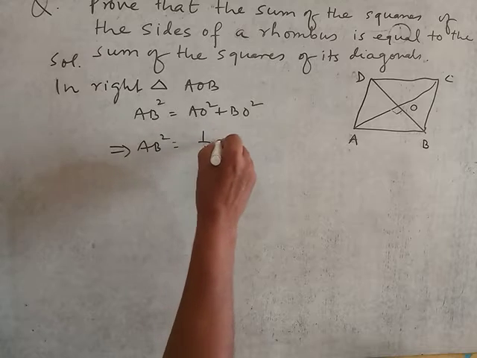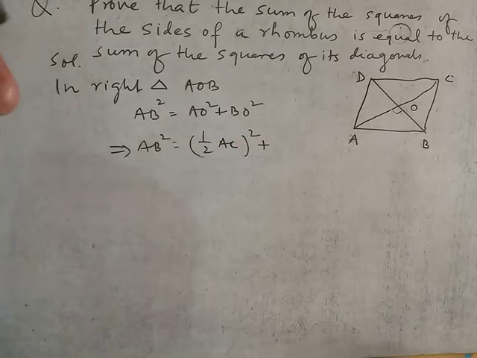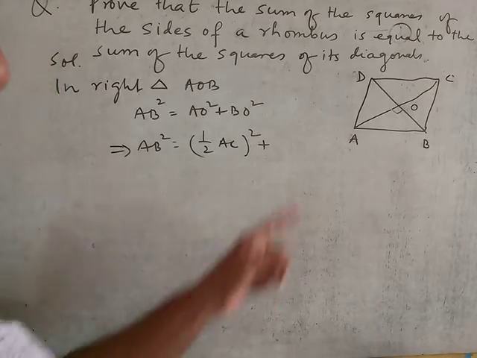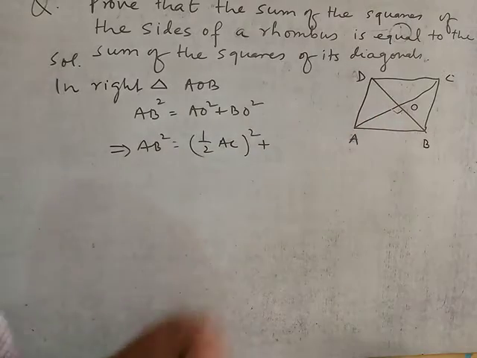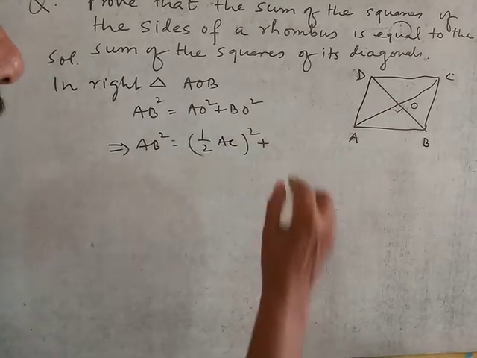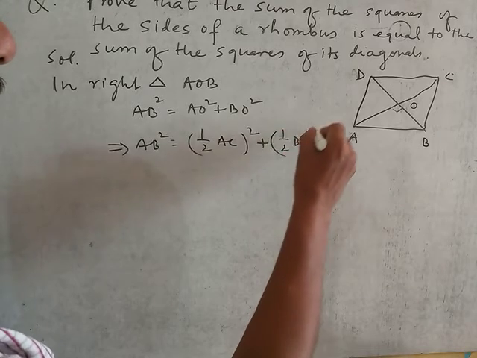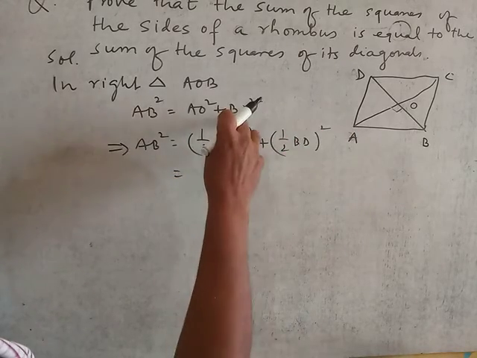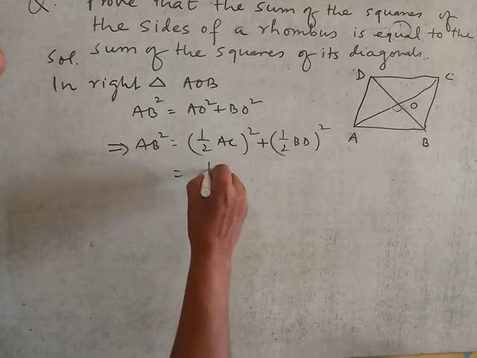And this BO is half of BD, isn't it? Half of BD, make it square, because this is on square. So how much will we get here now?